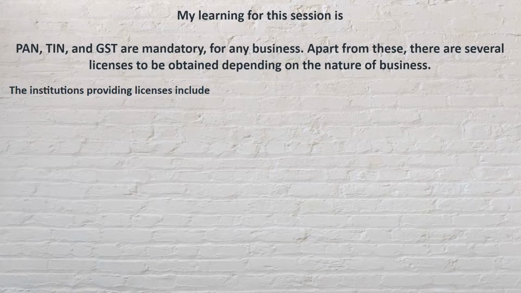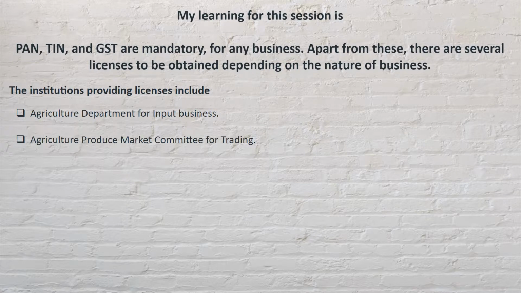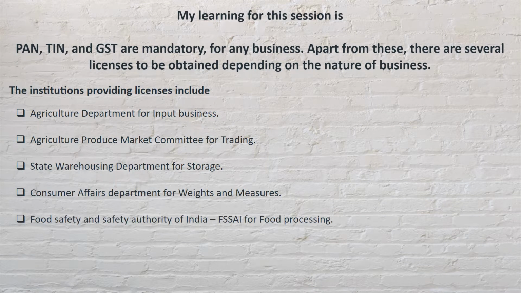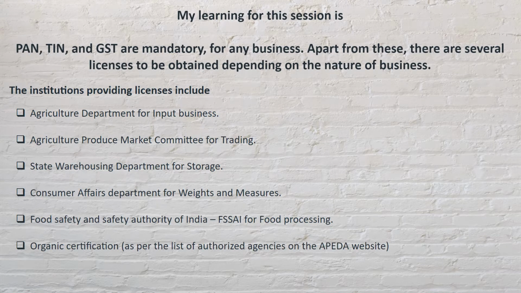The institutions providing licenses include Agriculture Department for input business, Agriculture Produce Market Committee for trading, State Warehousing Department for storage, Consumer Affairs Department for weights and measures, Food Safety and Standards Authority of India, FSSAI, for food processing, organic certification as per the list of authorized agencies on the APEDA website, and municipal body for shops and establishment.